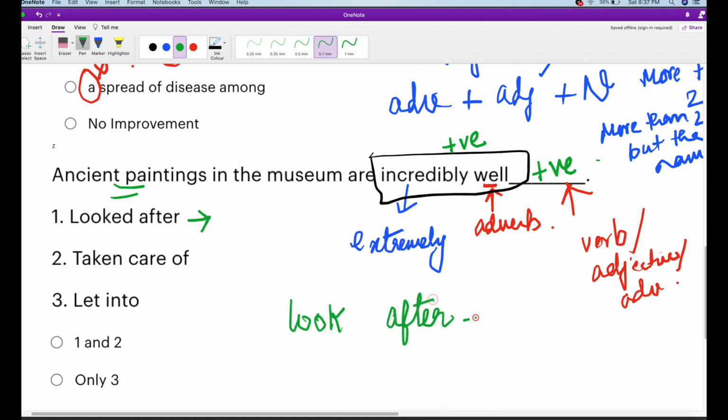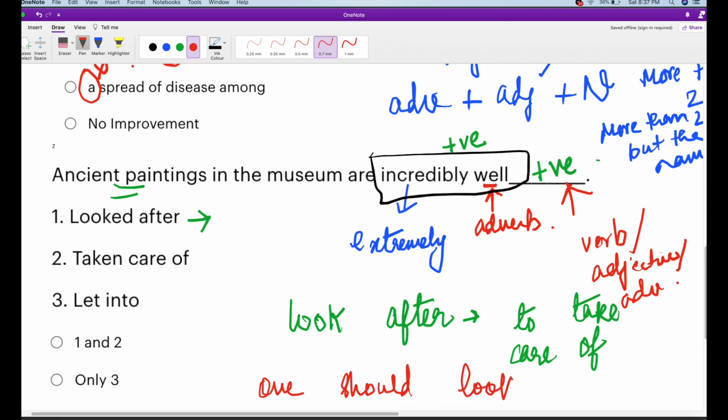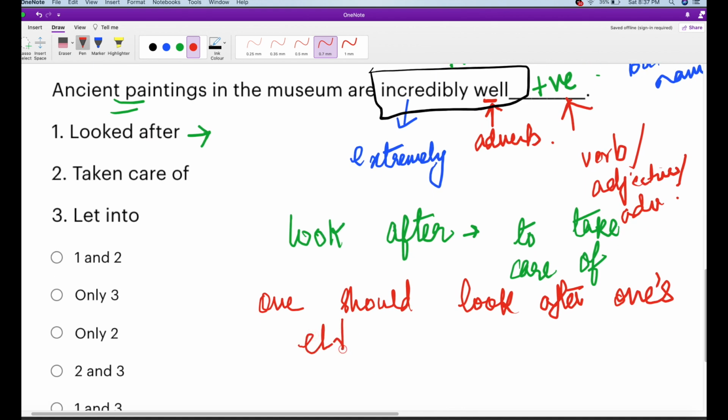Look after means to take care of. One should look after one's elderly parents, which means one should take care of one's elderly parents.